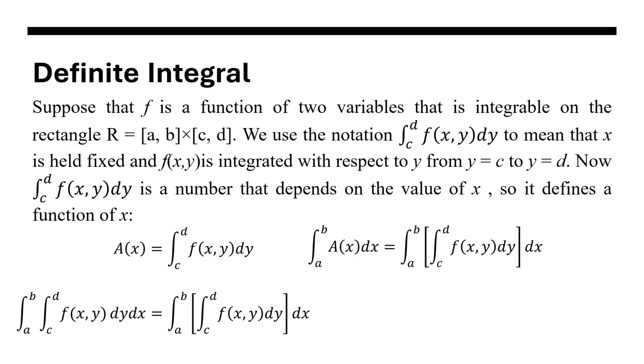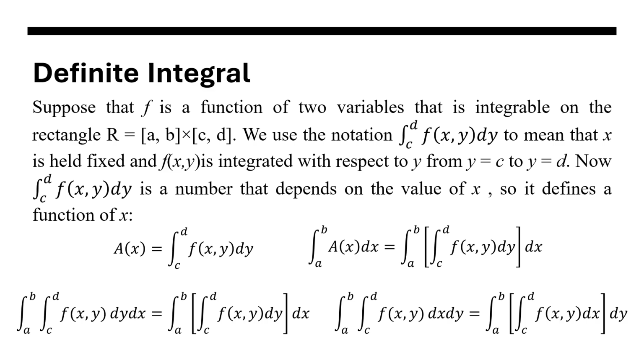So in other words, this can be written as this one. As you can see, we can also iterate the integral in this manner. We can start with the dx, then you have the dy.